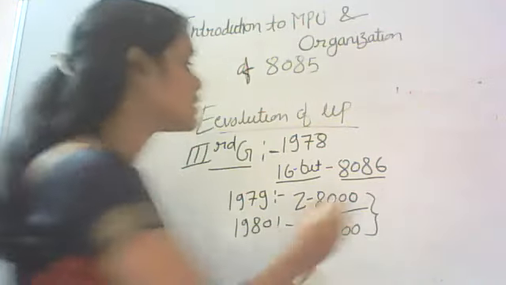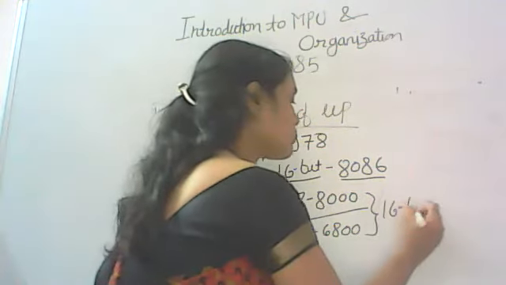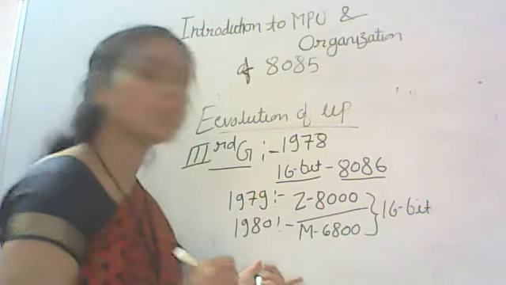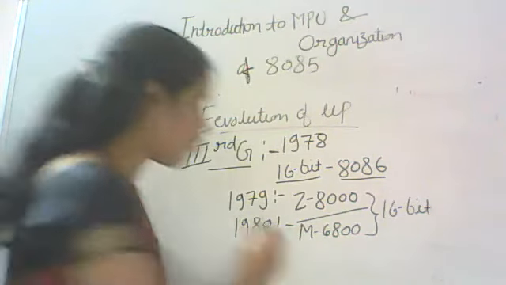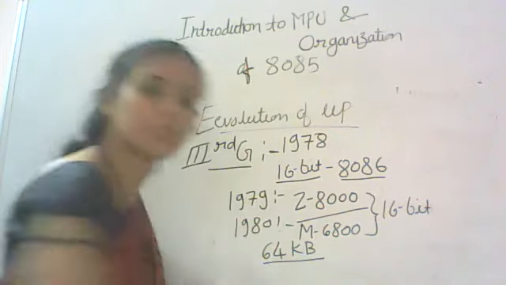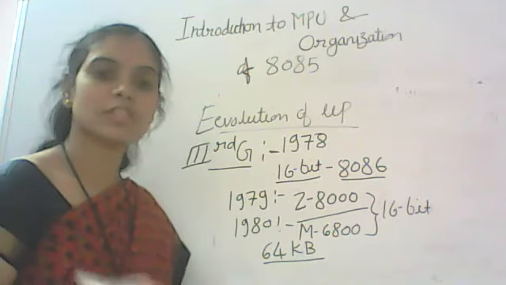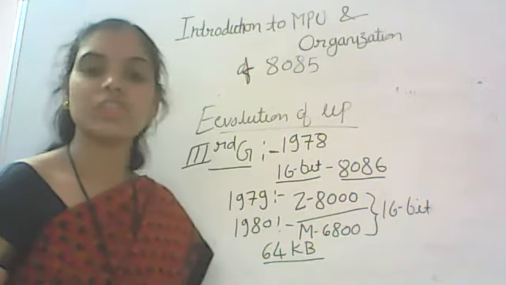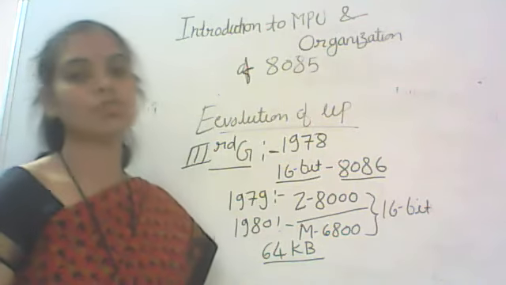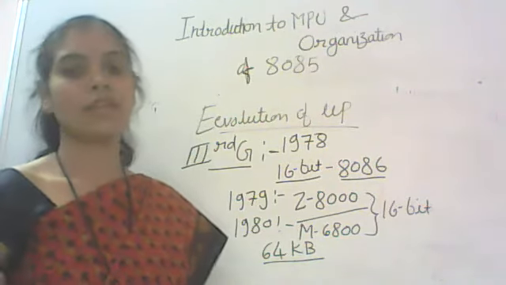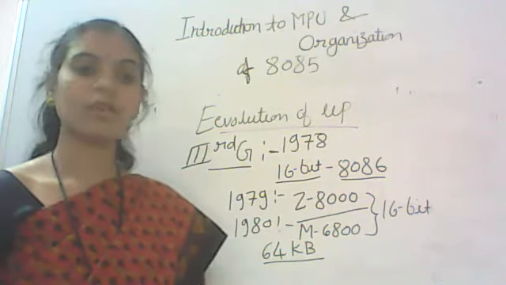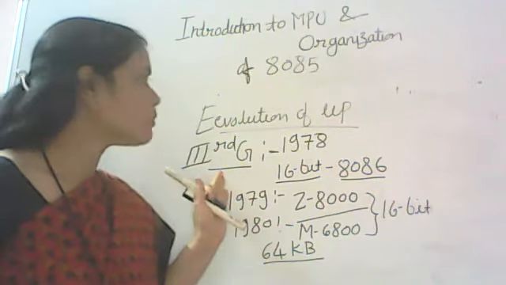These are 16-bit microprocessors, and their memory space was 64 KB. In this generation, the microprocessor had fully arithmetic execution and efficient higher level language addressing. This is the third generation microprocessor.